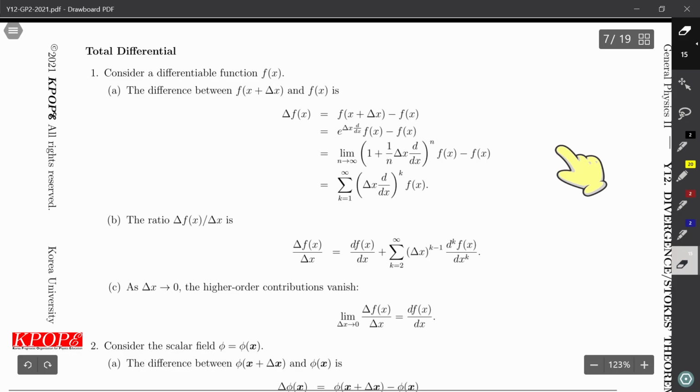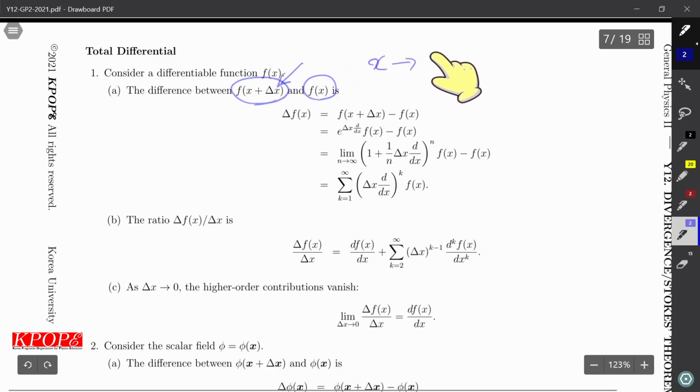Total differential. A function is shifted by varying the argument from x to x plus delta x. Then we say delta f.